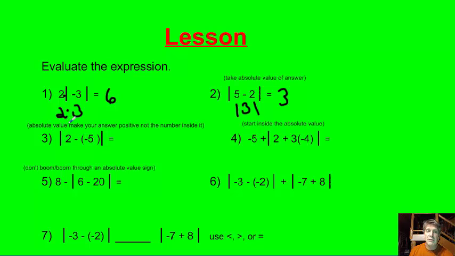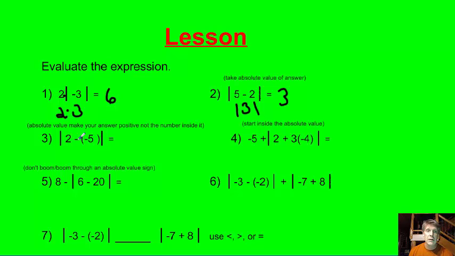Now, here's a mistake. Absolute value takes the answer and makes your answer positive. It doesn't make the numbers inside positive. Some kids say, oh, hey, absolute value makes it positive, that's what you told me, so I'm going to make this a positive and just change everything to positive. That's not what it does. Absolute value wants the distance to 0 for your answer to the problem inside.